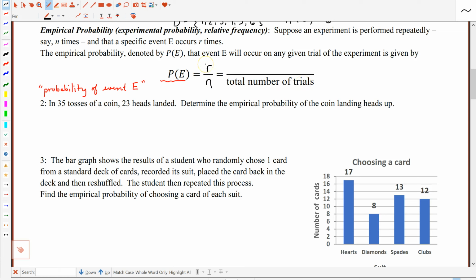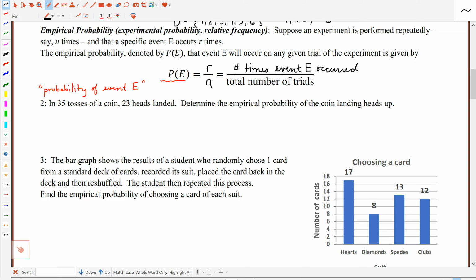So in your numerator will be the number of times the event you are interested in occurred, and then the denominator will be how many times you ran your experiment. Okay, so we'll set it up in this fraction, and then normally we will simplify the fraction. I strongly encourage you though, when you set up your fraction, don't just give me the simplified form, give me the initial fraction with these counts, and then simplify it if possible.